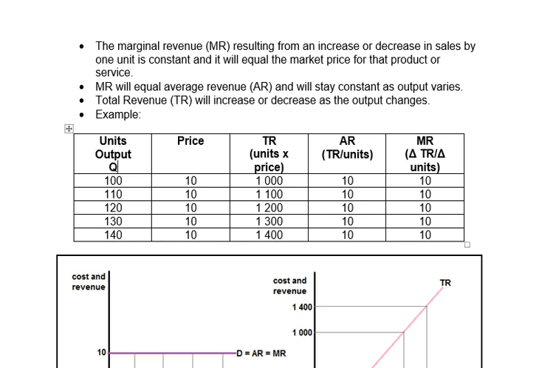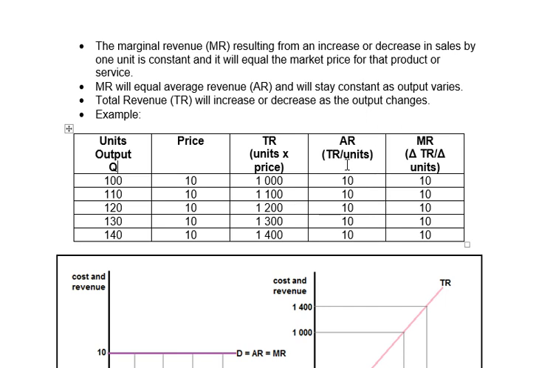The price, because this is a perfect market and they are price takers, remember they cannot change the price, so the price is constant at 10 Rand. So if we calculate the total revenue, we're going to take price times quantity. So 10 times 100 gives us 1,000. 10 times 110 is 1,100. 10 times 120 is 1,200, etc.